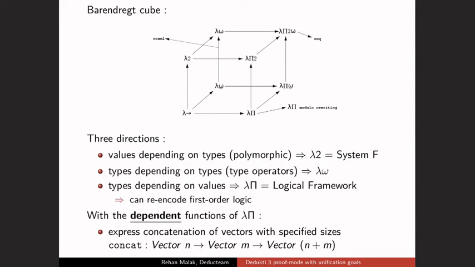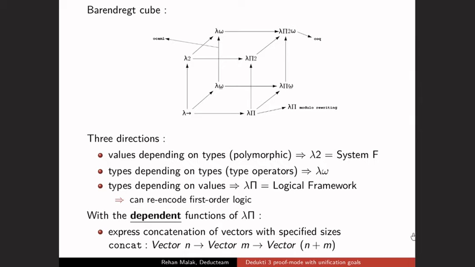So suppose you take a vector of size n and a vector of size m, concatenate them, and you obtain a vector of size n plus m. But sorry, there is a mistake on this slide. The interesting part is that n and m are not constants. The size of the result of this function depends on the arguments.